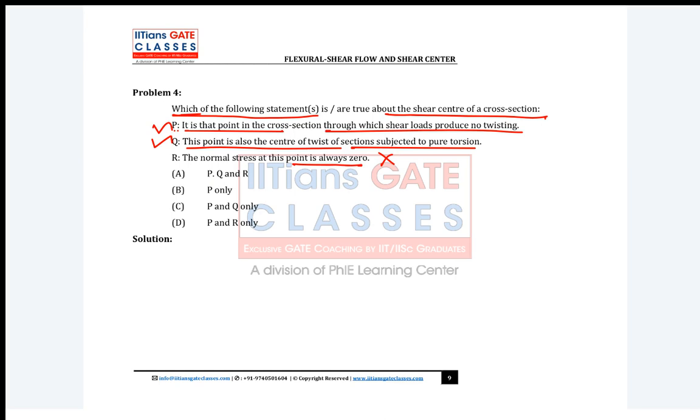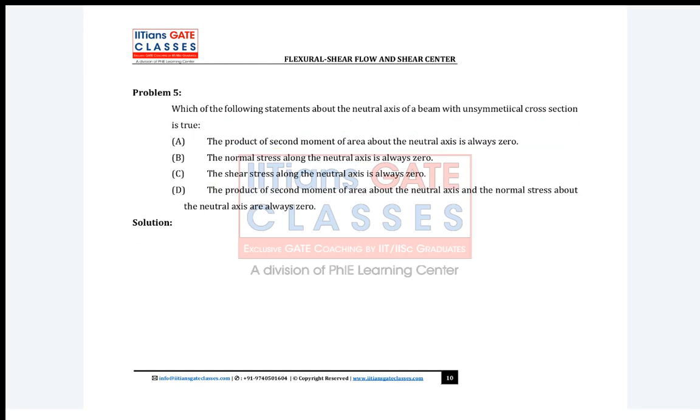Next question. Read the question, what it says. Which of the following statements about the neutral axis of a beam with unsymmetrical cross section is true? The product of second moment of area about neutral axis is always 0. No. What is the product of second moment of inertia? It is not 0, right? The normal stress along neutral axis is always 0. Yes.